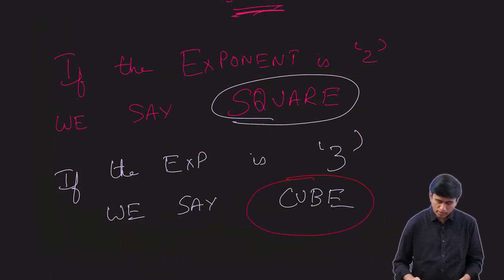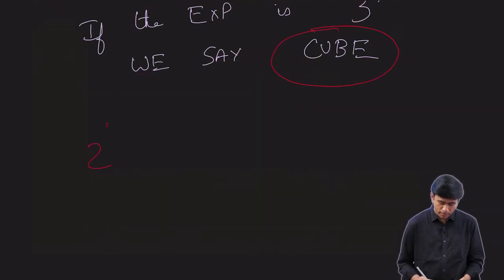In other words, the exponent shows how many times the base has to be multiplied. In this case, the exponent is 3 and the base is 2. So the base has to be multiplied 3 times.